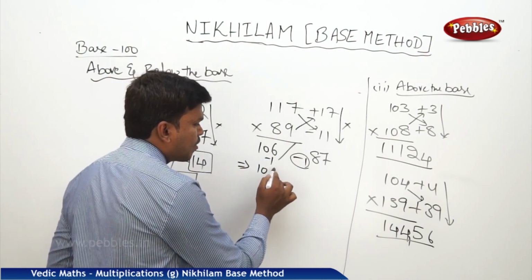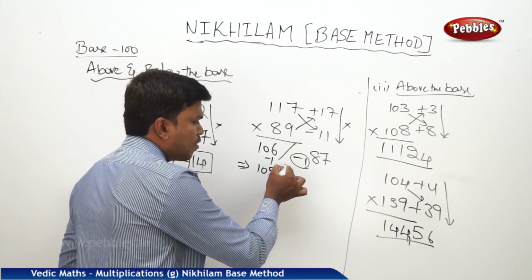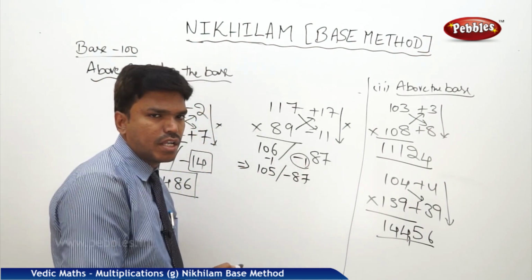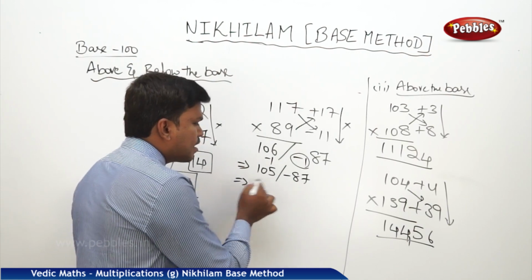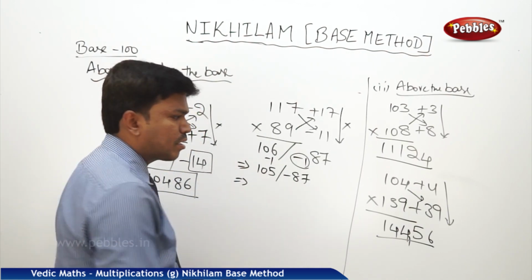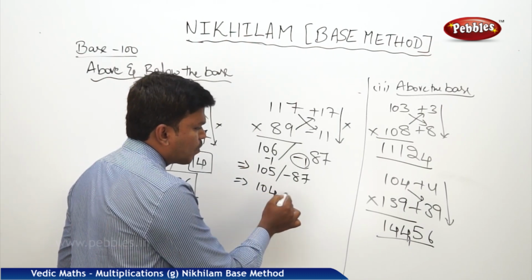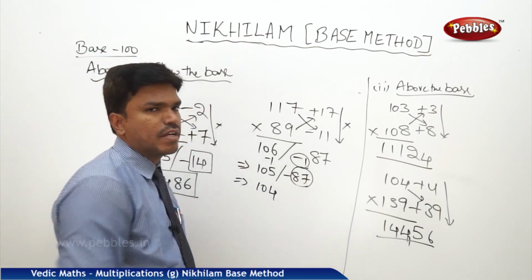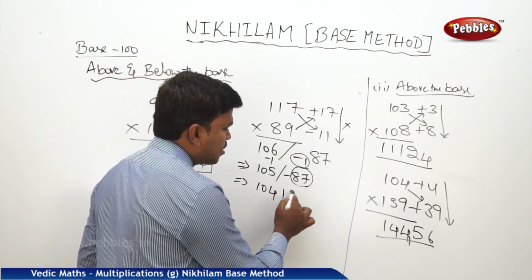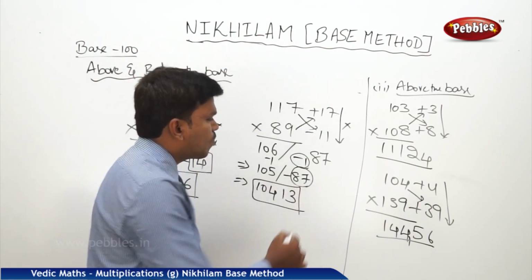How much are we going to get? 105. Put a bar. And now, minus 87. Now, again, since there is a minus symbol, we are going to reduce this number again by 1. So how much will it give? 104. Now write the complement of 87, or all from 9, last from 10: 1, 3. So my answer is 104, 1, 3.